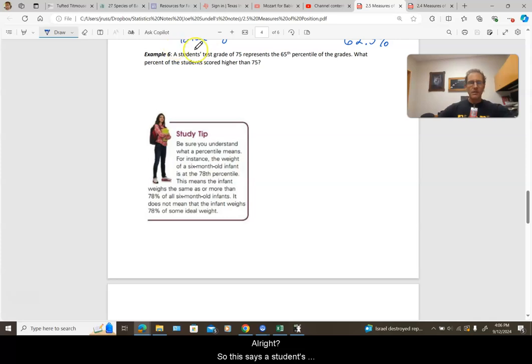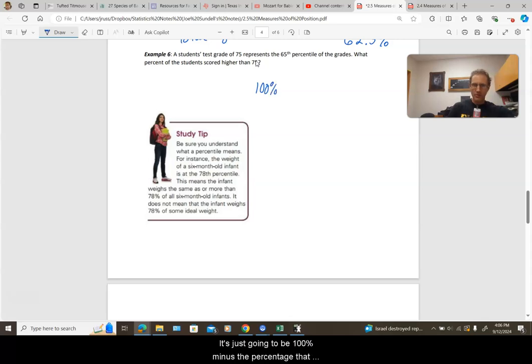Alright, so this says a student's grade of 75 represents the 65th percentile of grades. So that means that 65% of all other grades are going to be at or below 75. So the question is, what percent of students scored higher than 75? Well, this one's not too difficult.